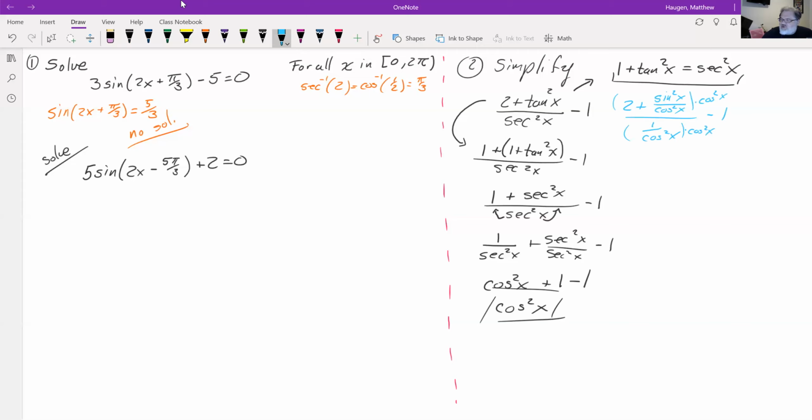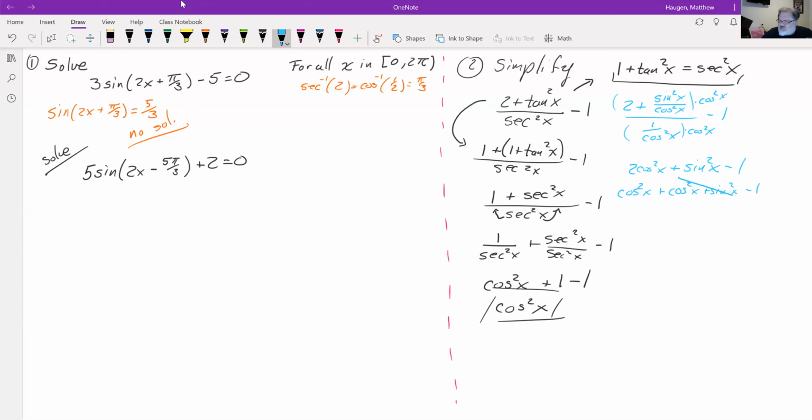That would turn that denominator into a 1. We'd get 2 cosine squared x plus sine squared x minus 1. Actually, it's kind of nice this way. You do have to recognize that that leaves us with cosine squared x plus cosine squared x plus sine squared x minus 1.